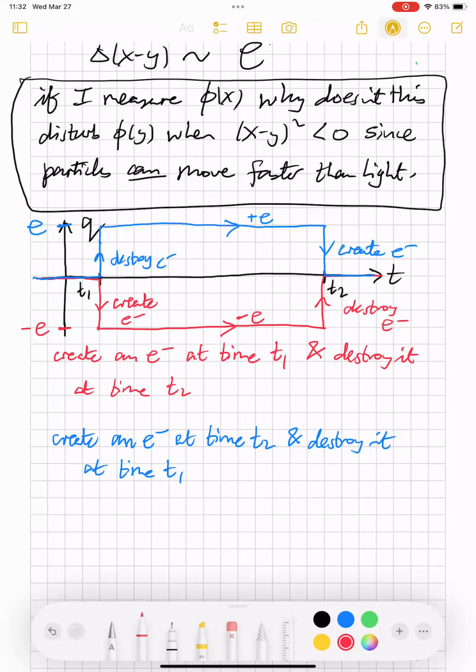So in fact, this plus E, that's called a positron. It's the antiparticle of an electron. And one way of thinking about the antiparticle, the positron, is that it is an electron traveling backwards in time. When you actually study the Feynman path integral, you could study the world line of a particle, and the particle is allowed to move forward in time, backward in time, forward in time again.